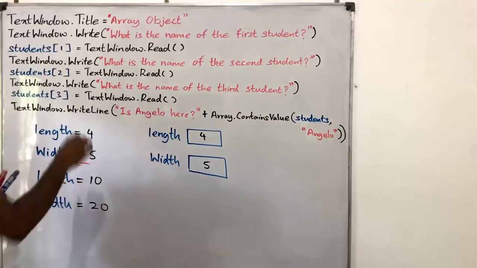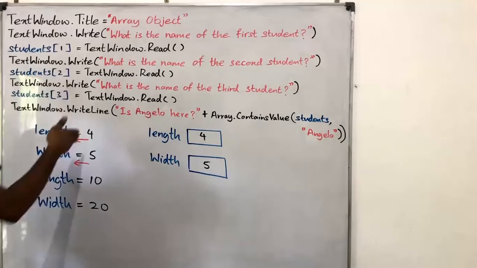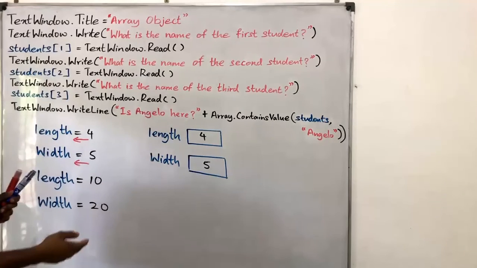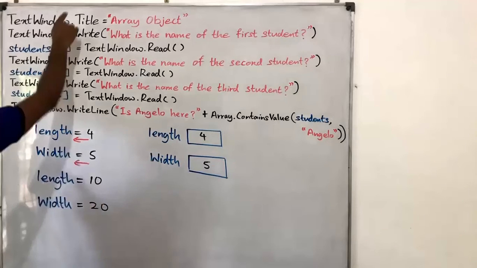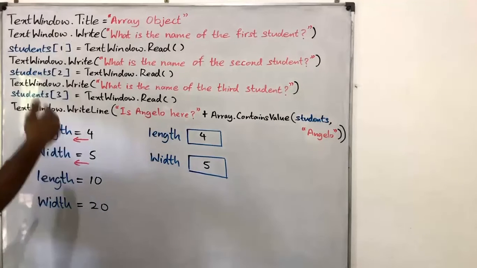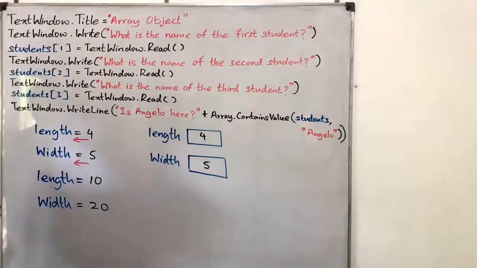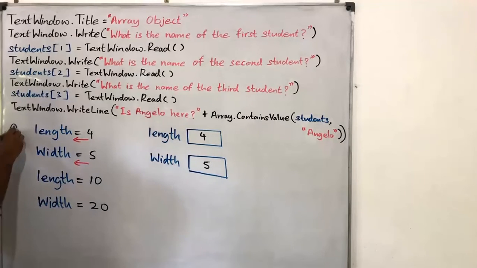Normally in a code segment, these statements are executed from top to bottom, one after another. This is the first statement, this is the second statement, this is the third statement, and this is the fourth statement.